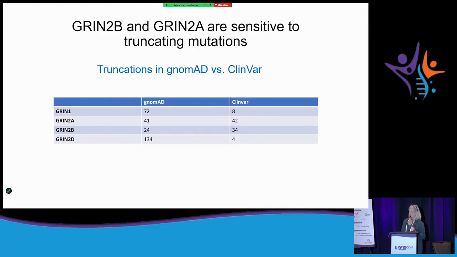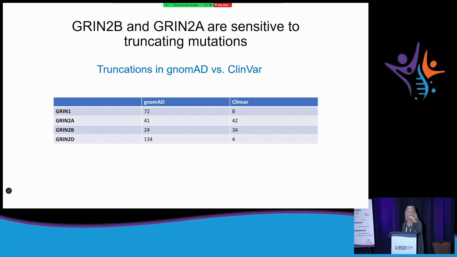So about a year ago, we put together this. As we've already heard, the databases are incredibly important. We rely upon them, but they're also kind of a mess. So ClinVar, I wouldn't swear each of these is a distinct patient or affected individual, but the point I want to make is just from a quick look at the databases, you'll see that GRIN1 and GRIN2D have many, many truncating variants identified in patients in gnomAD and far, far fewer in ClinVar, consistent with it being very well tolerated.